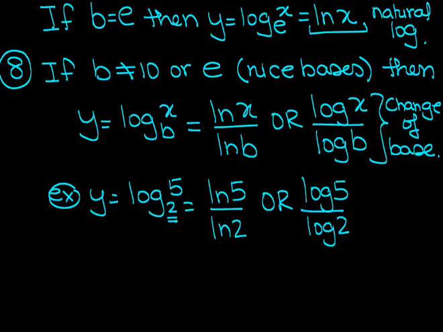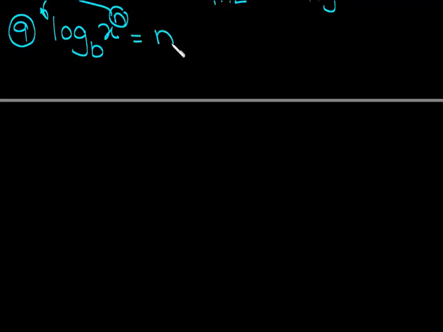The next property of logs is this. It's a power property of log, which basically tells you that if you have log of some number x raised to n base b, then we can take that exponent and bring it in the front. So I can write it this way: n log of x base b.